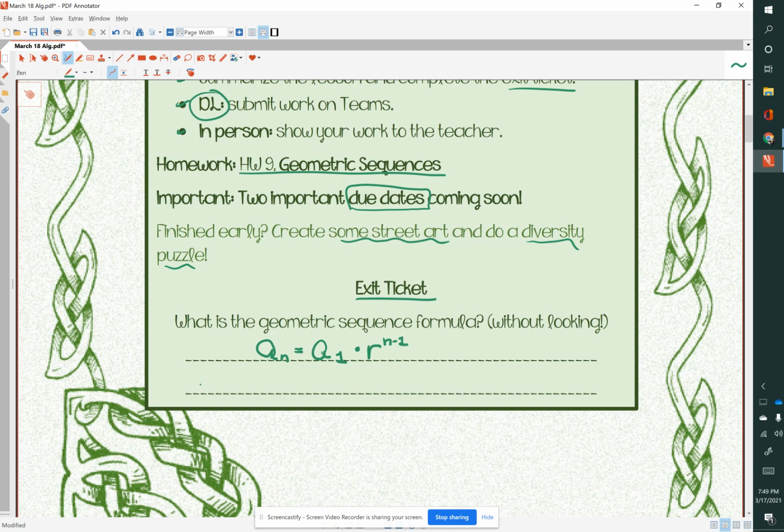Now, remember, A sub 1 is the first term, and R is our ratio, and N is the term that you want to find.